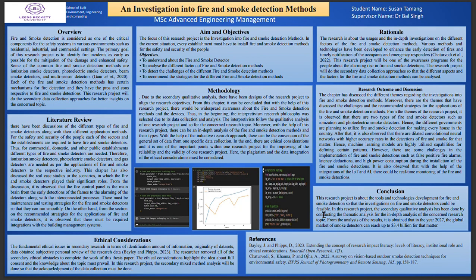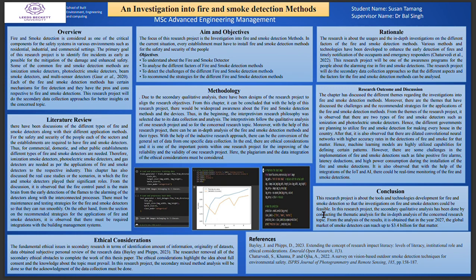Hence, machine learning models are highly utilized for defining certain patterns because they are more accurate. They can process many samples, and a large number of samples can be tested here.